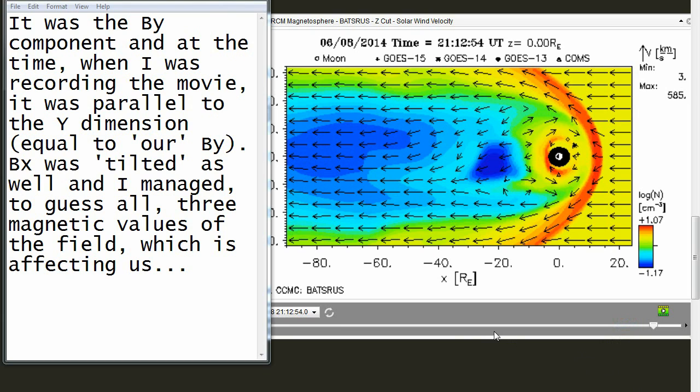Bx was tilted as well, and I managed to guess all three magnetic values of the field which is affecting us.